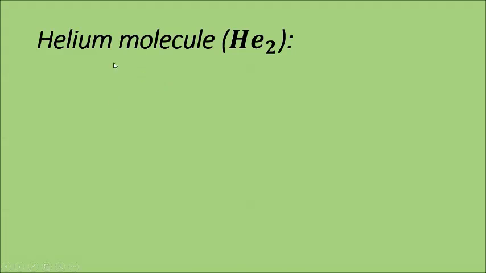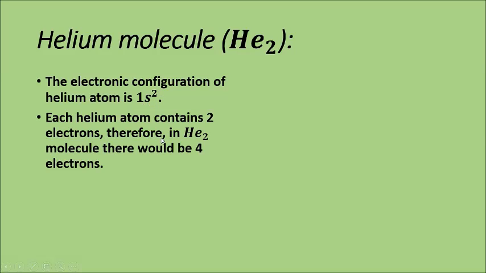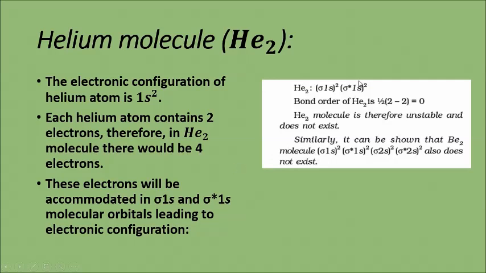Next, we can see in the case of the helium molecule, He2. The configuration of helium when we write, we will get 1s2, and each helium atom consists of 2 electrons. So the He2 molecule will have 4 electrons altogether, right? And these electrons will be accommodated in sigma 1s and sigma star 1s molecular orbitals. So the electronic configuration is sigma 1s2 sigma star 1s2.